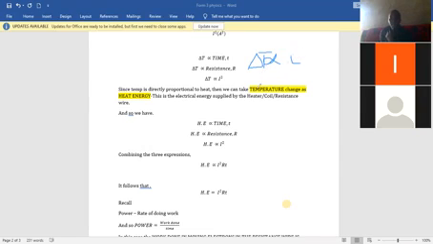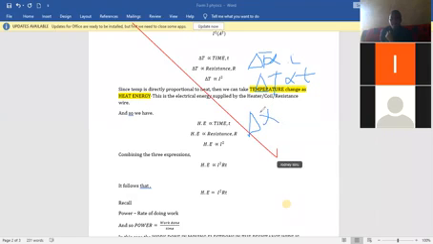And then again, the change in temperature is also directly proportional to current squared and to resistance.